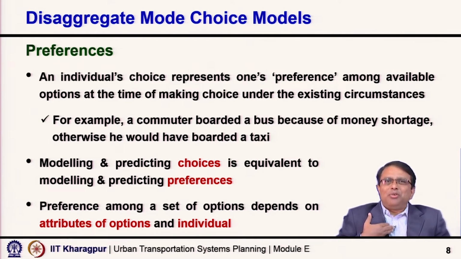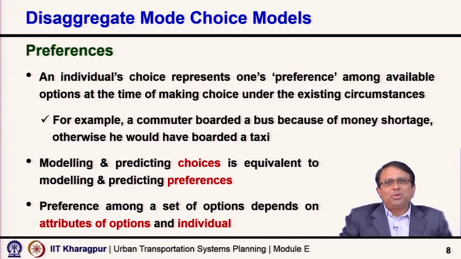But what is also important is the other part: at the time of making a choice under the existing circumstances, under that condition, what decision I am taking. For example, a commuter boarded a bus because of money shortage, maybe he does not have enough money in the pocket.